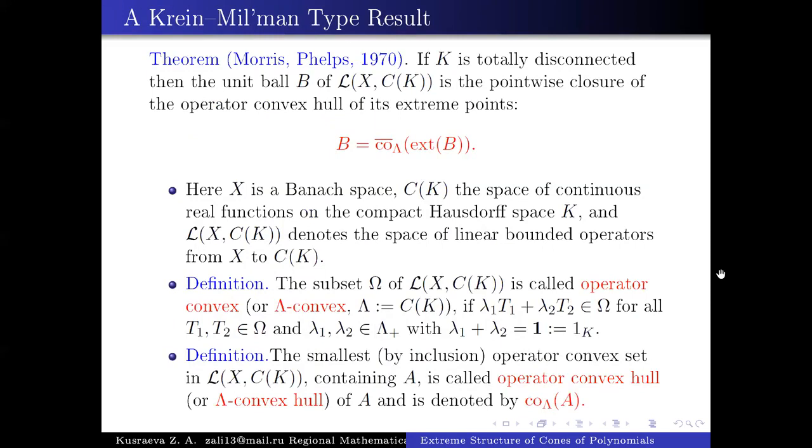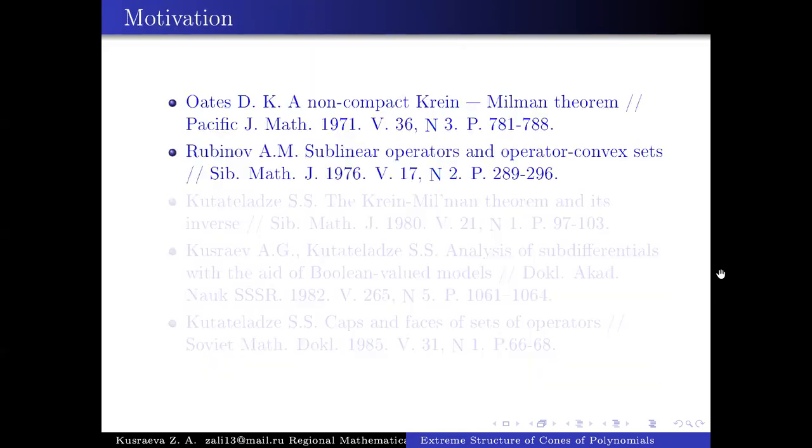Next, I want to emphasize that the Krein-Milman theorem does not immediately yield these and similar results. And the reason is the fact that, as I said before, the closed convex sets of operators are compact only in very special cases. So in the next 30 years, numerous results were obtained in two directions.